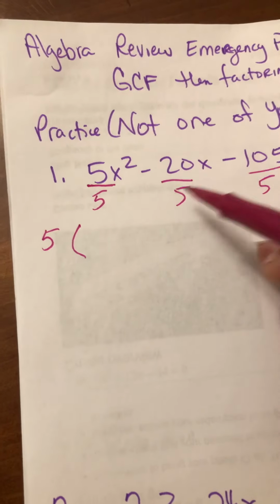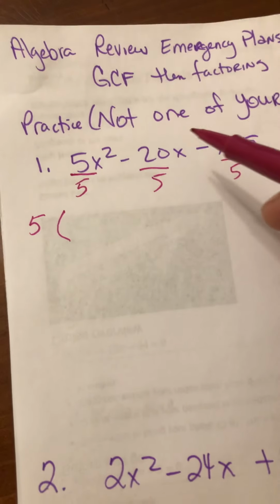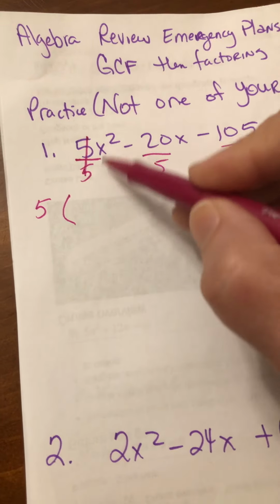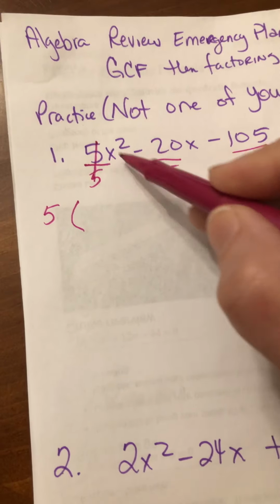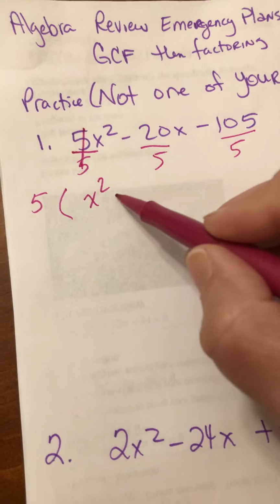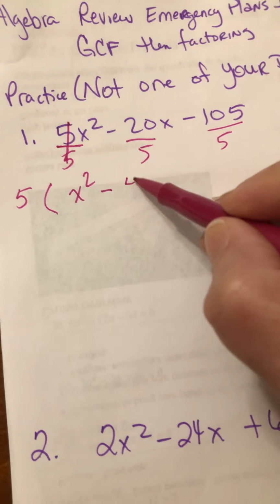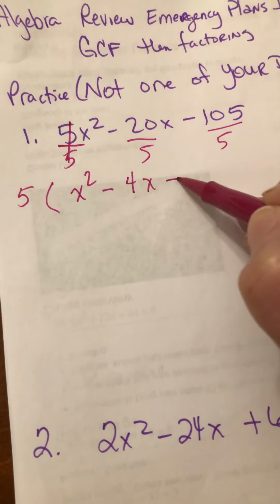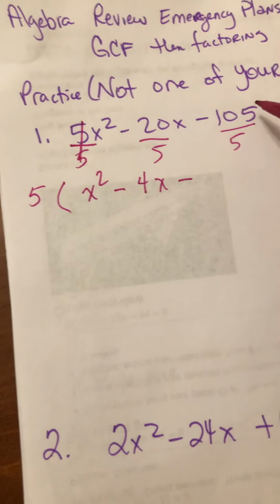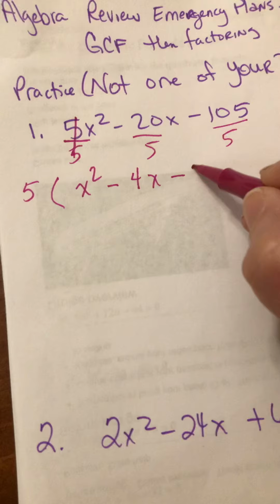Then we're going to bring down our factored out trinomial. So 5 divided by 5 becomes 1. And you don't have to put the 1. It's an implied 1. x squared minus 20 divided by 5 is 4x minus, and I just happen to know this because I've calculated this already, 105 divided by 5 is 21.